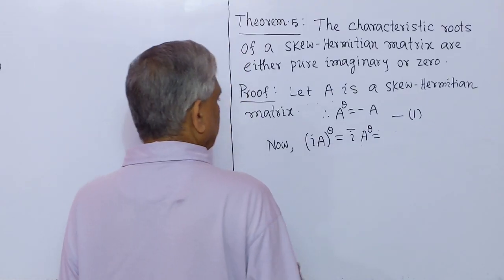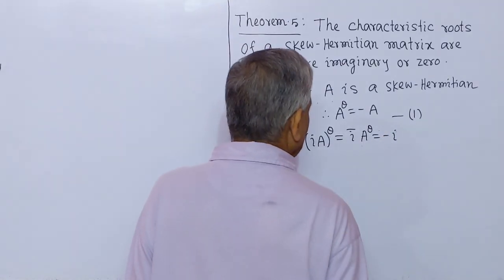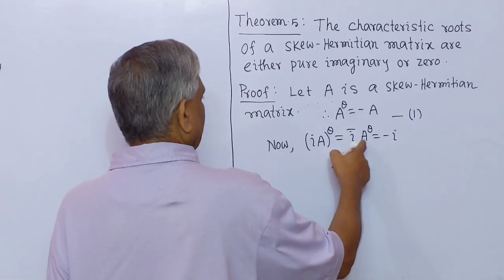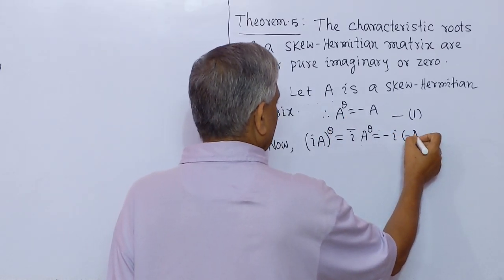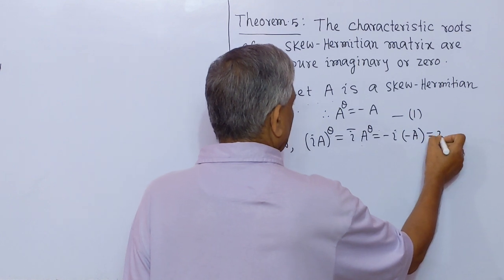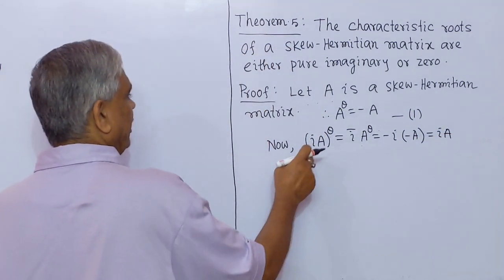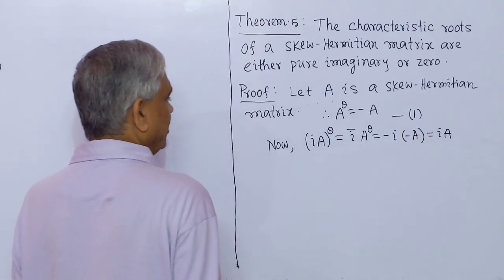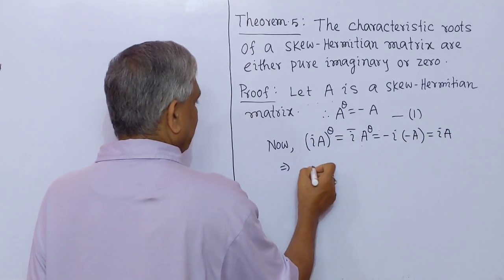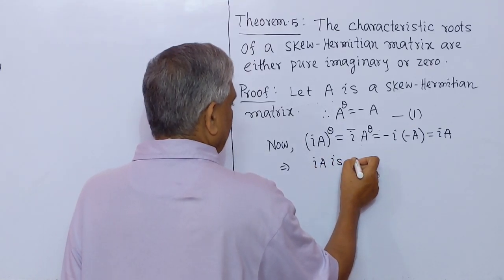This is equal to: the conjugate of i is -i, and A^θ = -A, so this equals iA. Therefore, (iA)^θ = iA, which implies that iA is Hermitian.